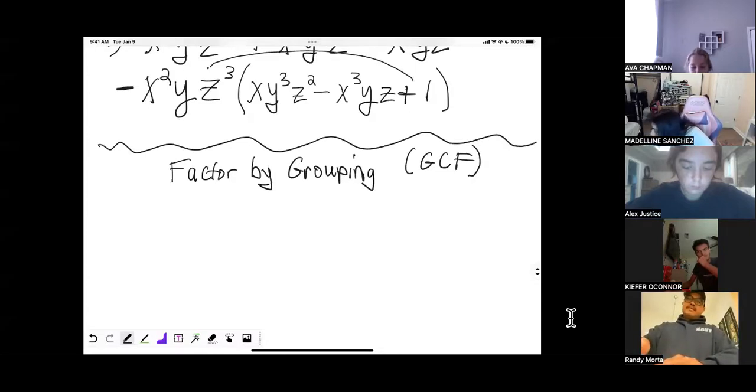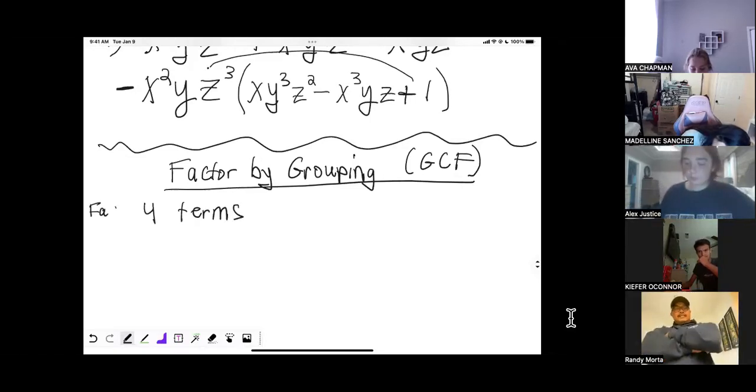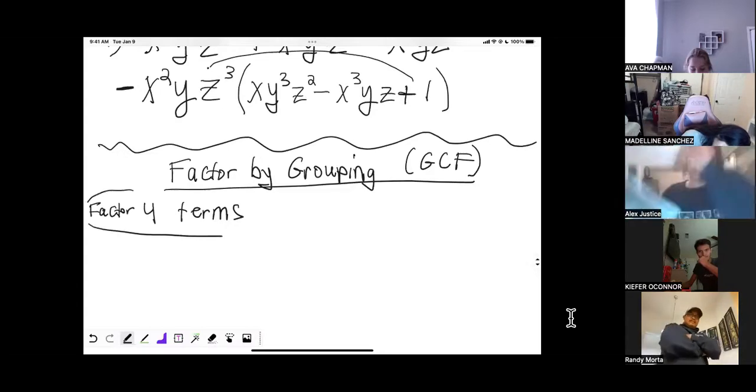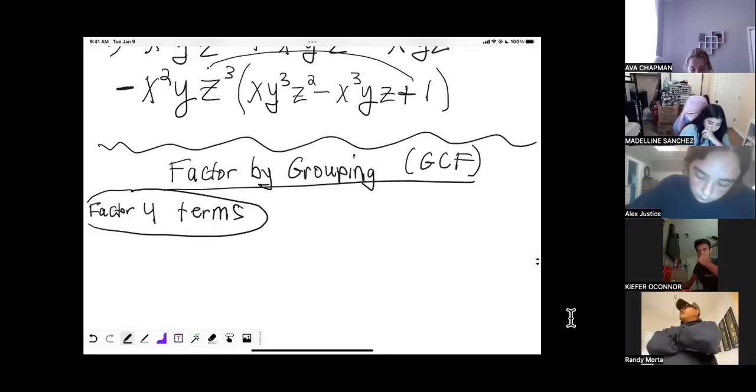Most of the time, not all the time, I think with me, probably all the time, you use factor by grouping when you have four terms and you want to factor. Of course, they have to be factorable, but if you see the directions factor and I give you 4 terms, you're going to use factor by grouping.